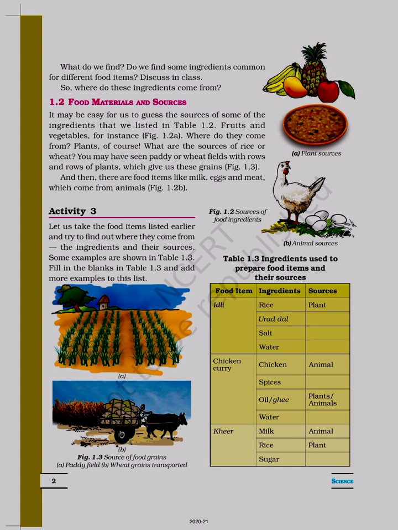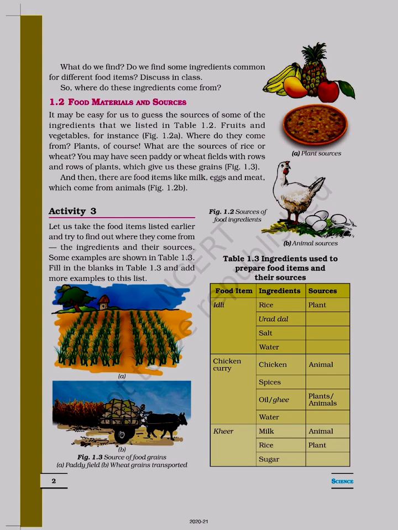So, where do these ingredients come from? 1.2 Food materials and sources. It may be easy for us to guess the sources of some of the ingredients that we listed in Table 1.2. Fruits and vegetables, for instance, where do they come from?